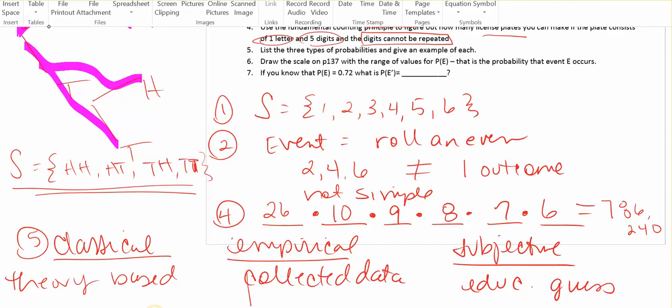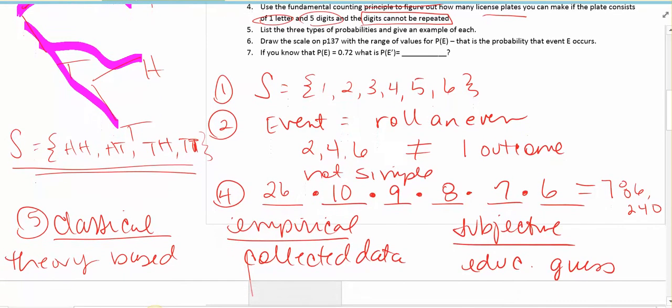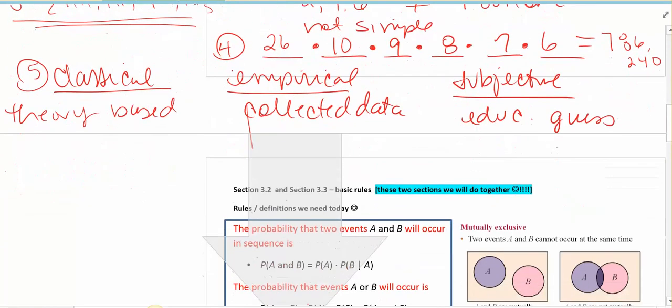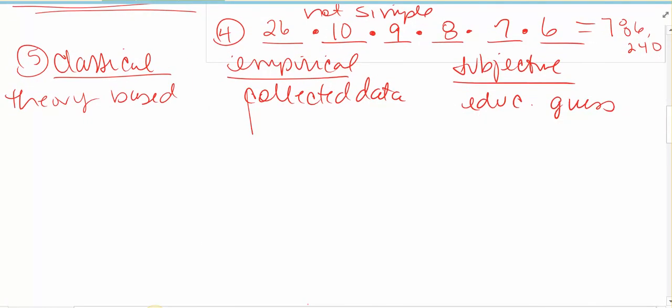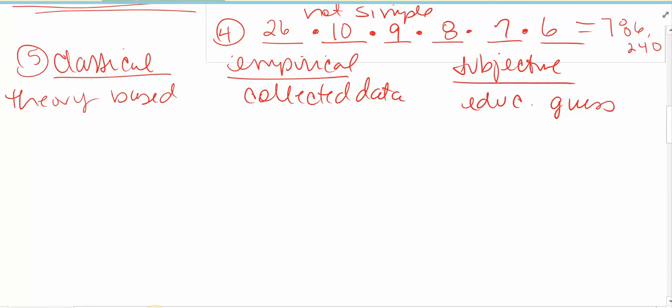He doesn't really know that. That's just an educated guess based on either research that he's read or maybe some personal experience with his former patients.